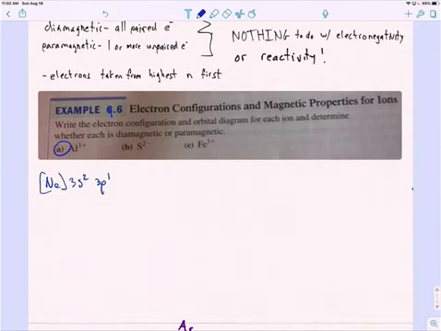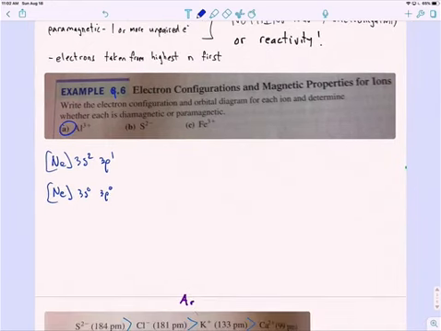By ripping off the top 3 electrons, it's going to be neon's configuration, 3s0 3p0, and neon is 1s 2s 2p, and the electrons are going to populate as such. Everything is paired up. This is diamagnetic.